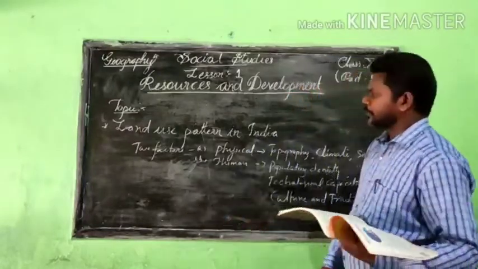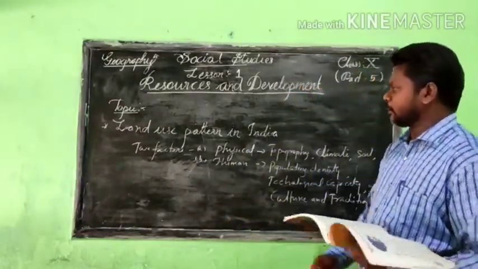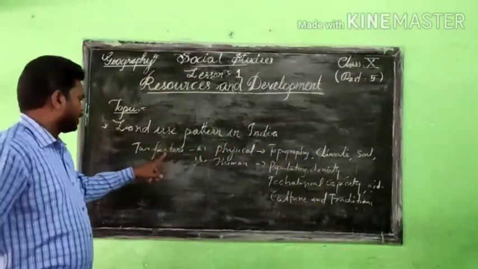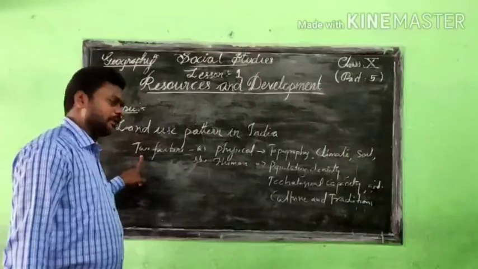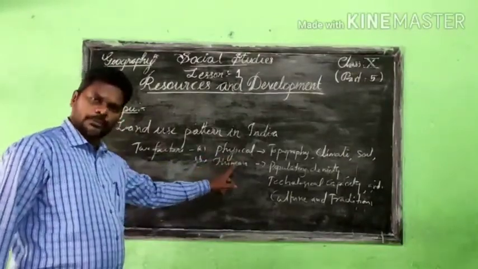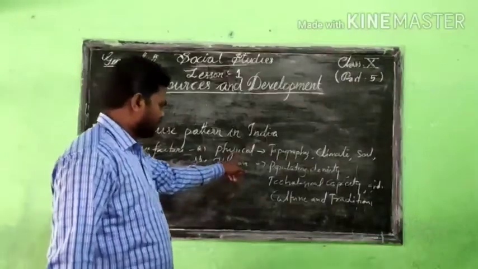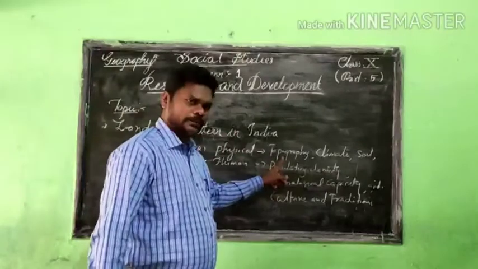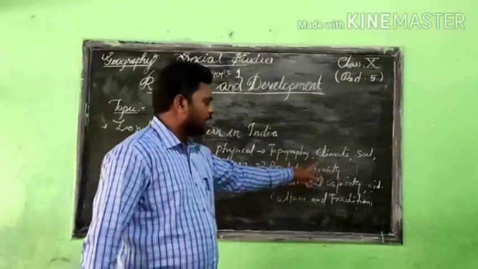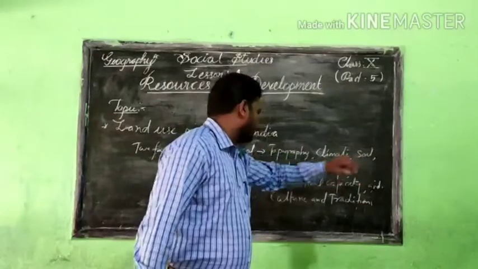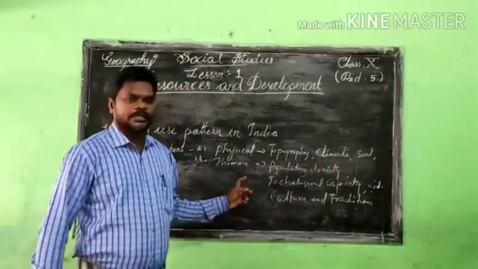So first of all we are going to discuss the land use pattern in India, and that there are two different factors: physical and human. Among the physical factors we are going to understand topography, climate and soil.